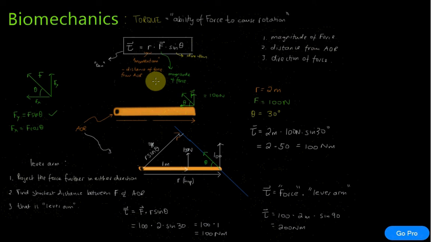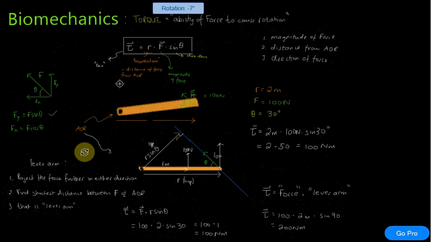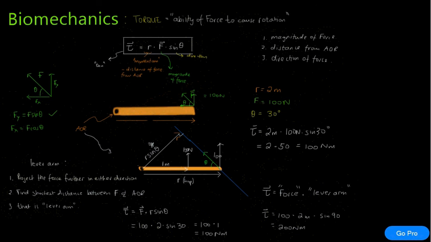That's a basic introduction to torque, the ability of force to cause rotation. Like we said, it is a vector quantity, so torque has directional application, which is really important. It can rotate anti-clockwise or clockwise, depending on the direction in which the force acts. So we ascribe positive and negative values to that.